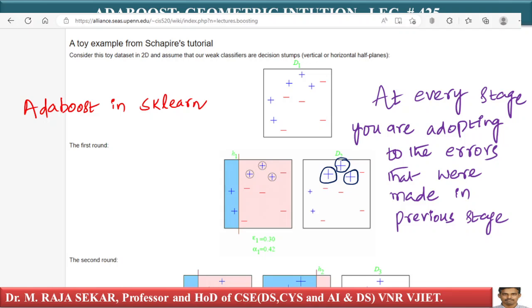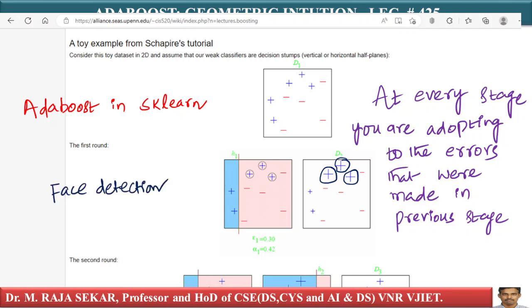AdaBoost I have not seen extensively in internet companies, but of course I have seen AdaBoost and variations of AdaBoost being used in things like face detection.